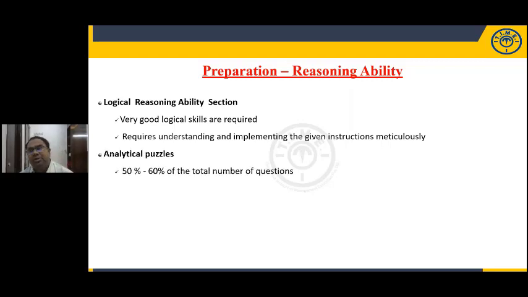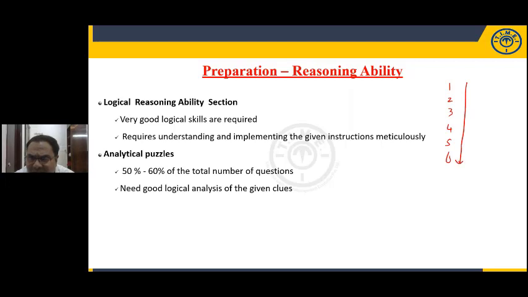If you look at puzzles, almost 50-60%, even 70% of the questions are based on puzzles. You need a good analysis of the clues, particularly when you look at bank exams. If you go in order, with clues 1, 2, 3, 4, 5, 6 given, by the time you finish your sixth clue, you should be able to get your complete arrangement.